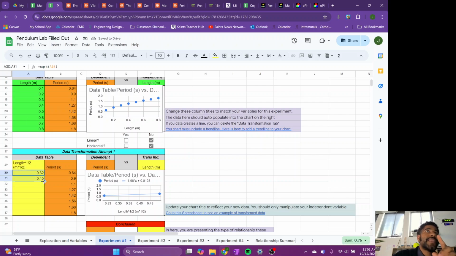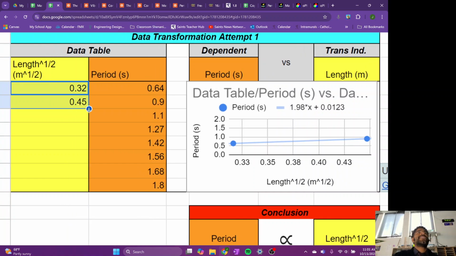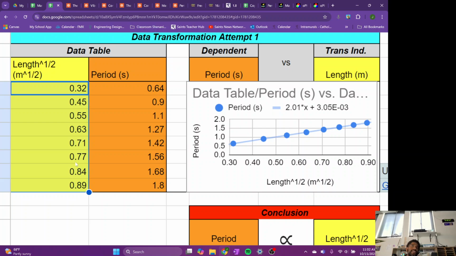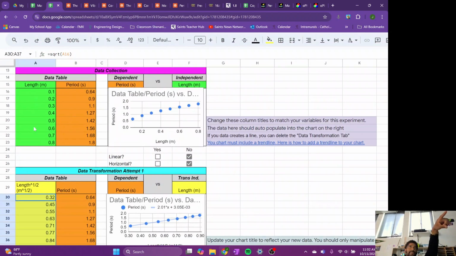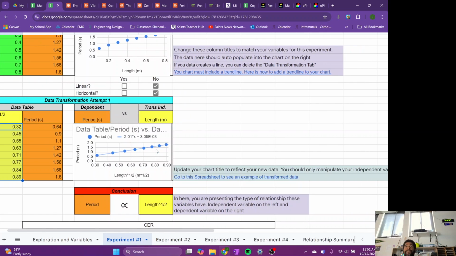If I go like this for this cell, I've done this twice. If I highlight these and you look at this little blue dot down here with the little cross symbol that comes up, that's saying that I can sort of take the format of this and extrapolate it on down. And it's going to take those values from this table up here and bring it on down here and square root all of them. And I end up getting a graph.